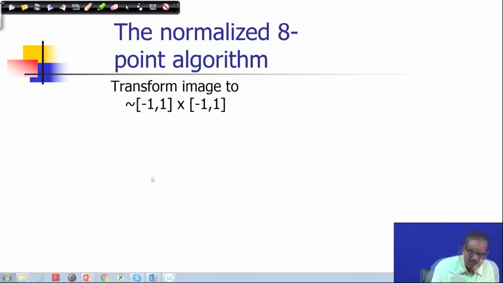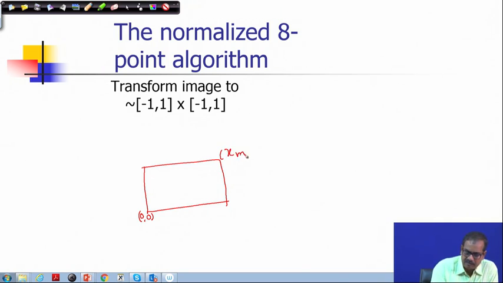That means, suppose you have your image coordinates. If I assume this is 0 0 and this is the width and height of the image, say x max, y max, all the coordinates are represented within these ranges.